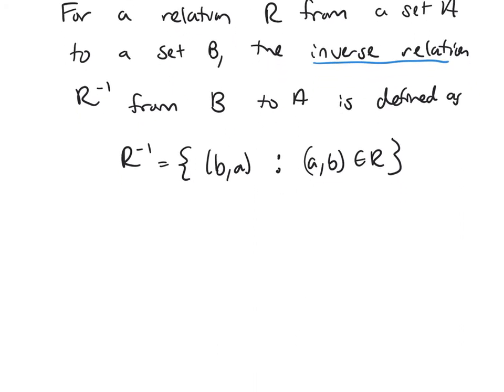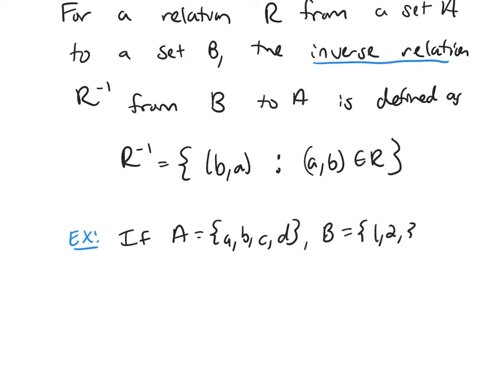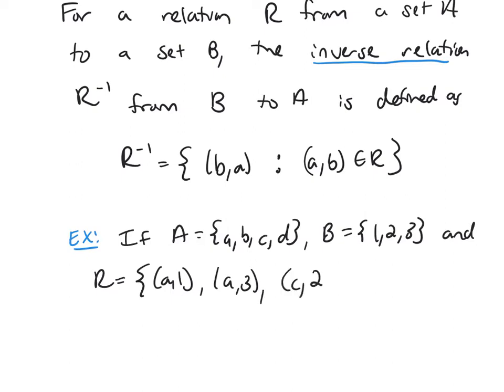So let's look at an example. If A is going to be the set {a, b, c, d}, B is going to be the set {1, 2, 3}, and R is going to be the relation: a goes to 1, a goes to 3, c goes to 2, c goes to 3, d goes to 1.